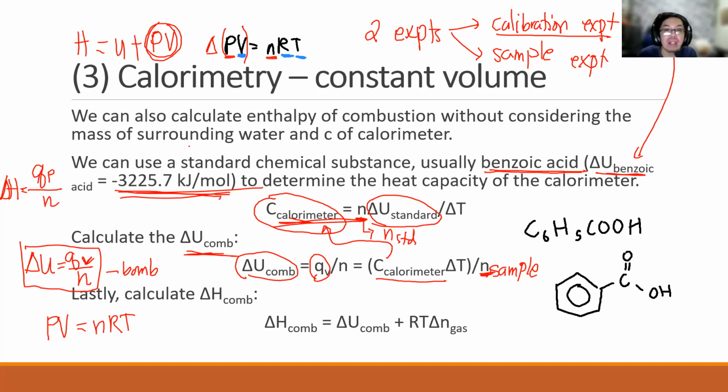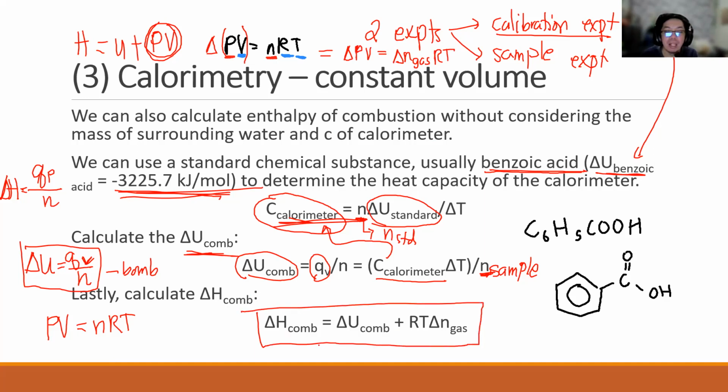So correct. So what will happen is, only N is changing here. Therefore, delta PV is equal to delta N gas RT. So that's how we derived this equation. You'll have delta H combustion equals delta U combustion plus RT delta N gas.